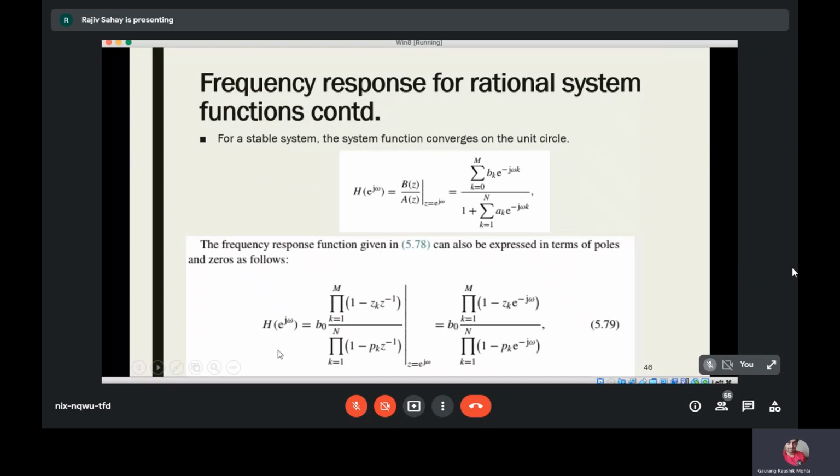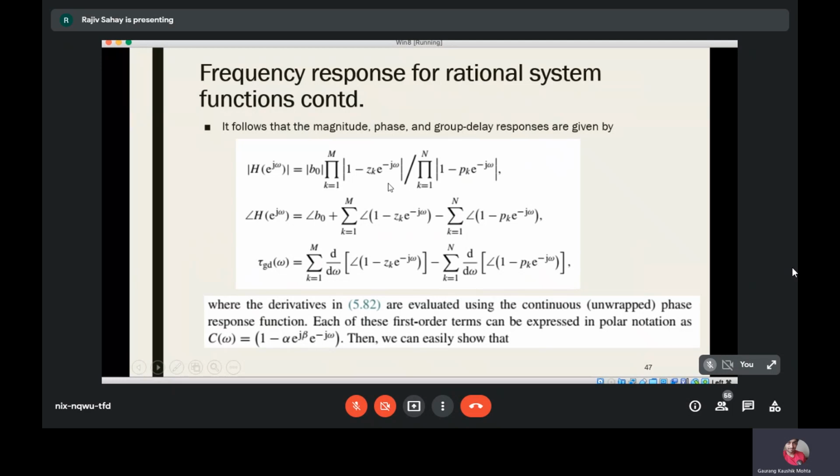This will be written like this: the ratio of the magnitudes of the individual factors, and the angle can also be calculated. You will have the angle of the constant term b0, and summations will come because you are calculating the angle individually for each of the terms.